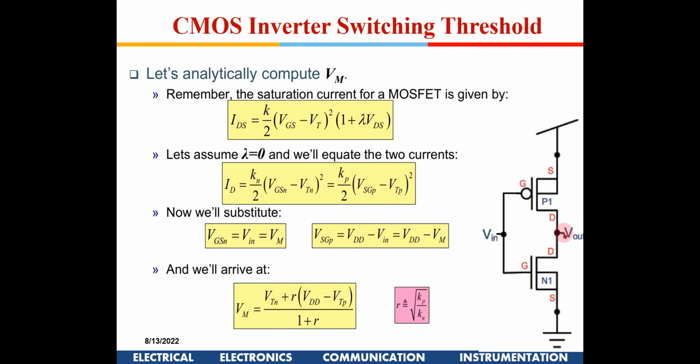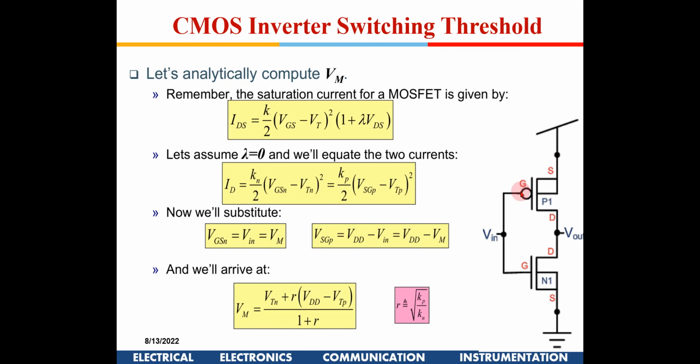When Vout is greater than VDS by 2, both the transistors will be in saturation. So I am equating these two currents here. ID is equal to Kn by 2 times (VGSN minus VTN) squared, equal to Kp by 2 times (VSGP minus VTP) squared, for the PMOS. Now for the PMOS, the gate to source voltage will be VDD minus Vin.